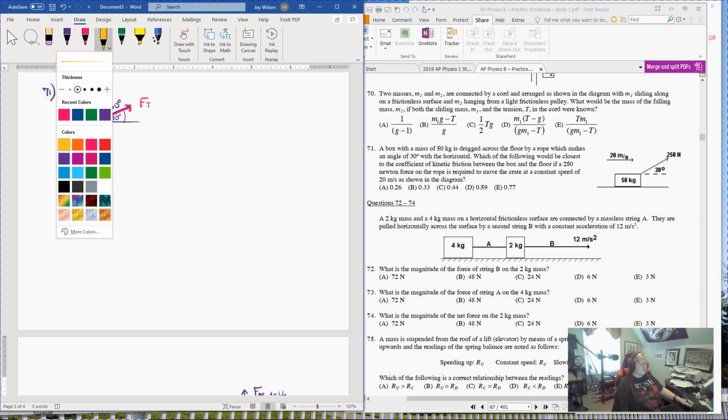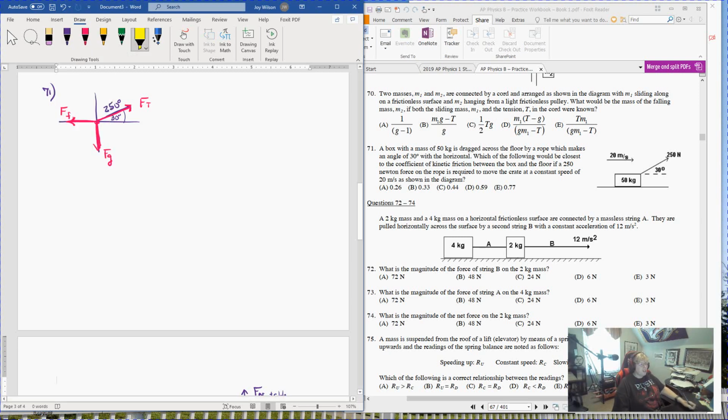So I am looking for, I know that this leg of that triangle, so if I think of this as a triangle that I pull out, where the hypotenuse is 250, and this is 30, this leg right here, the horizontal leg of tension, is going to be balanced by force gravity, or excuse me, force friction.